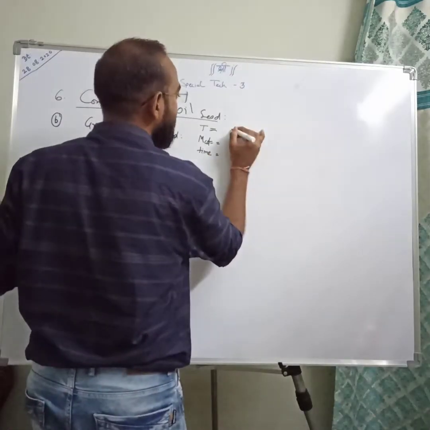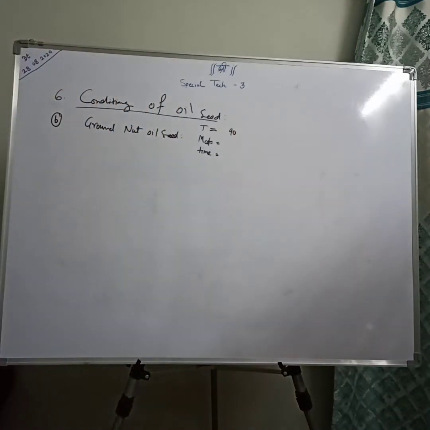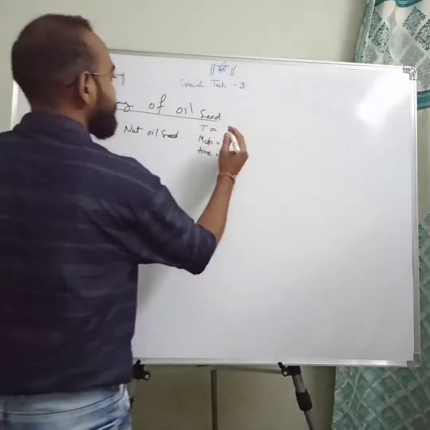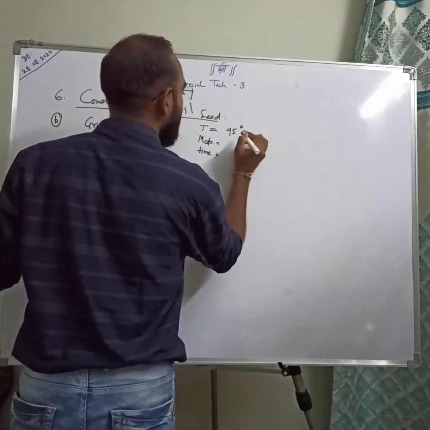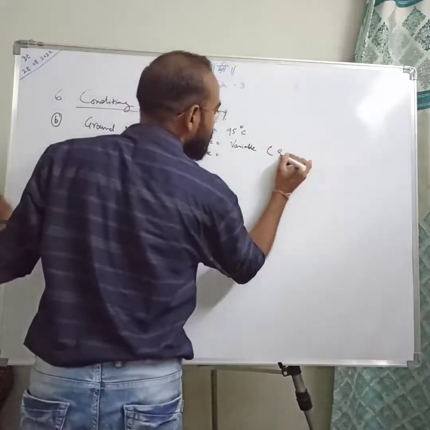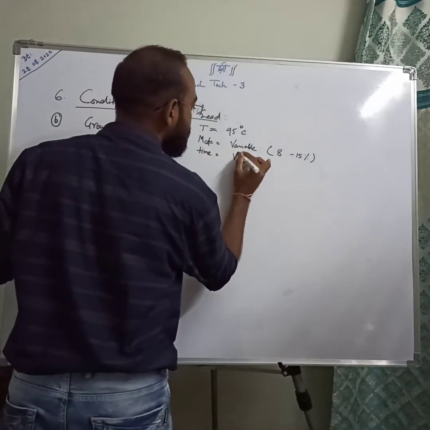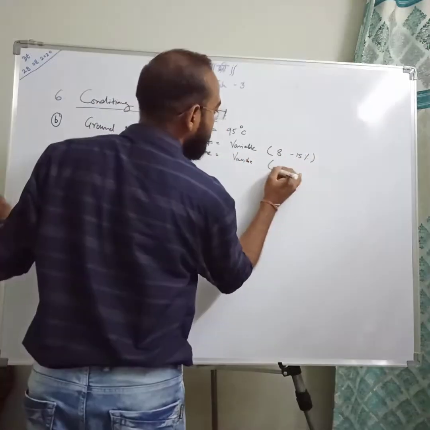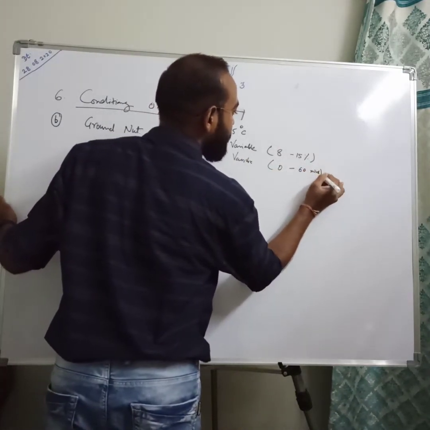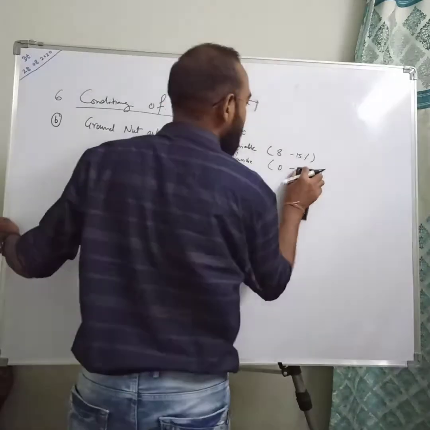So temperature is fixed, I think 95. Let me check. Yes, temperature is 95 degrees Celsius. Temperature is fixed. Moisture content is variable in the range of 8 to 15%, and time is also variable from 0 to say 45 minutes.